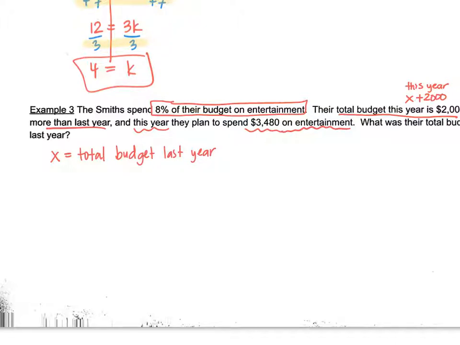So this year's budget is X plus 2,000, right? 8% of that, well, 8% changed to a decimal is 0.08. You have to move the decimal point over twice. And when you take 8% of the budget for this year, we get $3,480. And you want to go through and solve this.